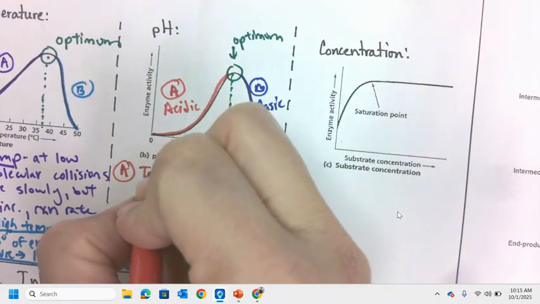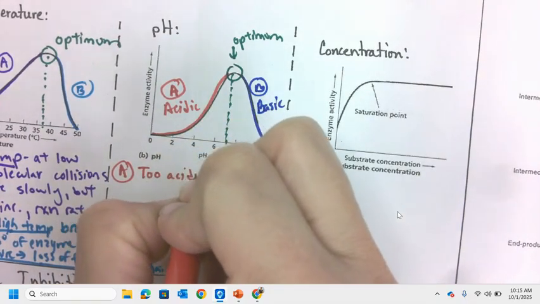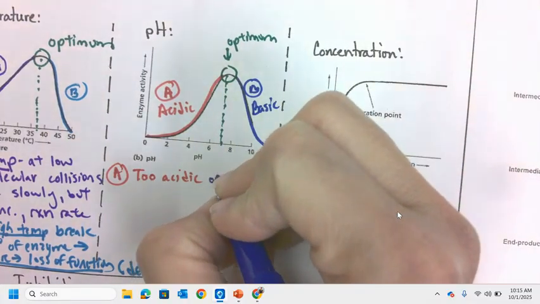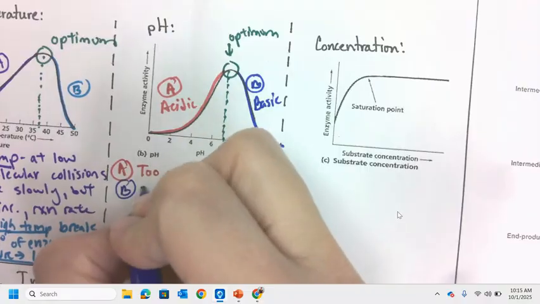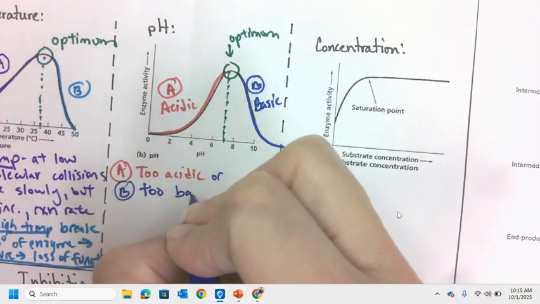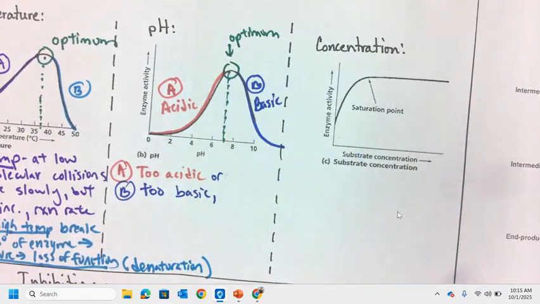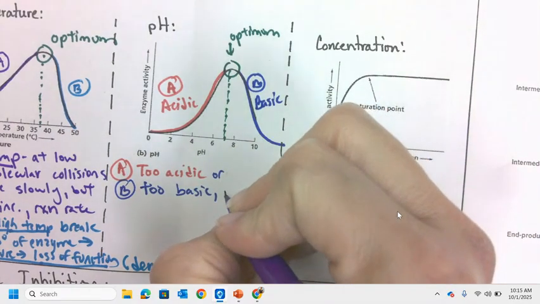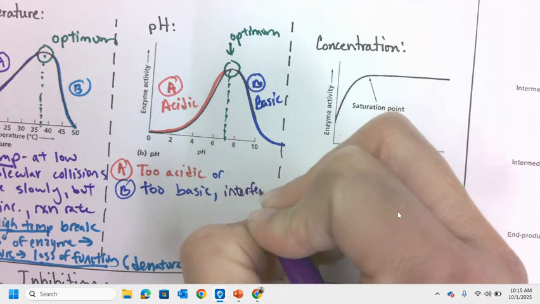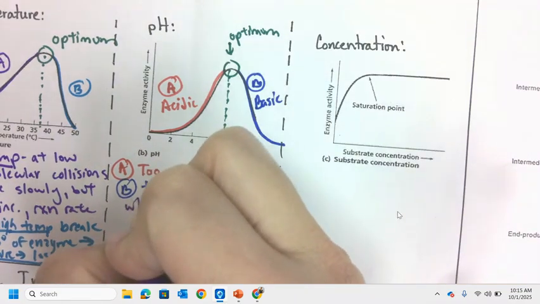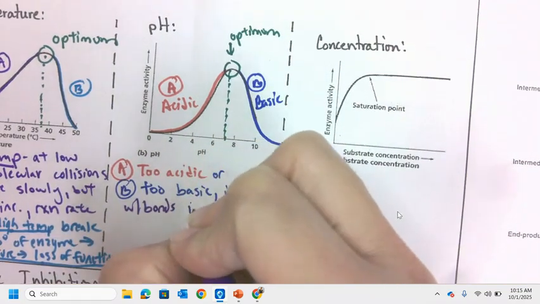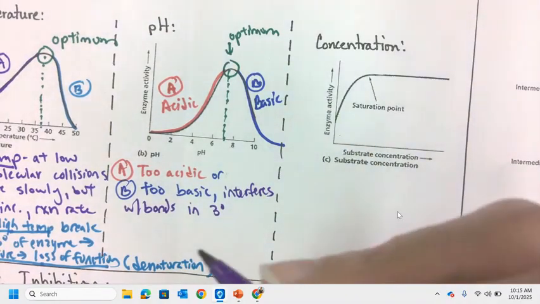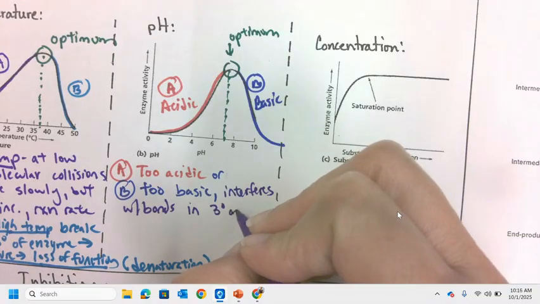If it's too acidic or too basic, right? This also interferes with bonds in the tertiary structure, and sometimes in the secondary structure.